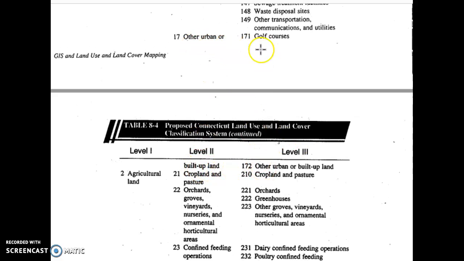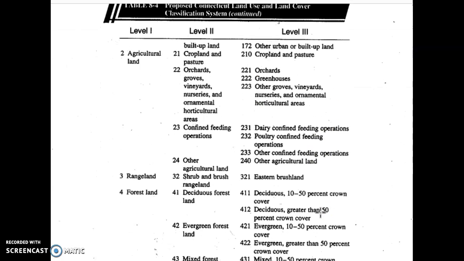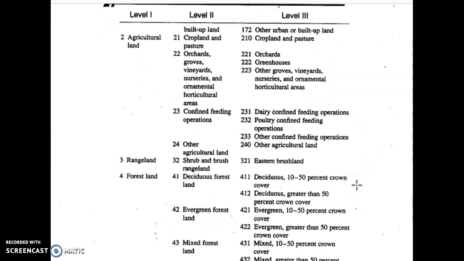Okay. Other includes golf courses or other urban built-up land. Agriculture, right here with level 3, like orchards. 22 is orchards, groves, vineyards, nurseries, ornamental horticulture areas, but then you can say, well, it's just an orchard, or there's a greenhouse there. So level 3 gets more specific.